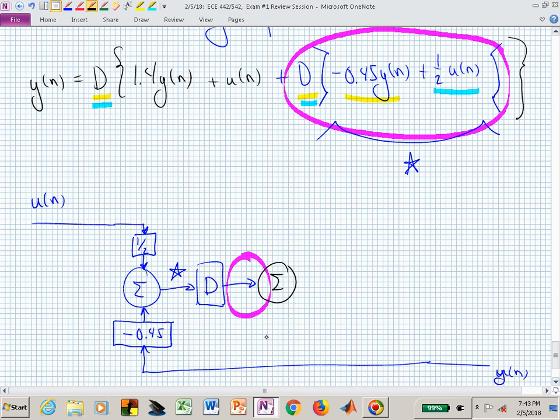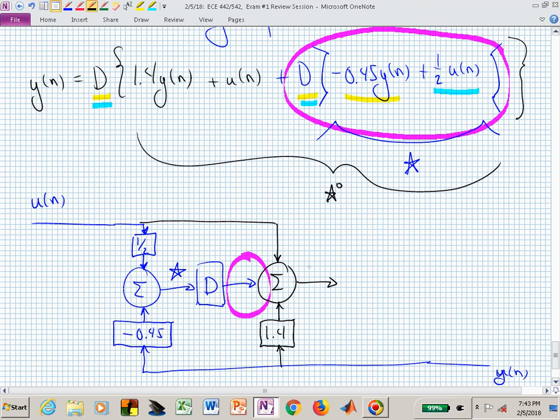And I'm going to take 1.4 times y of n and combine that with u of n. And that's now right here, which is that mess. What do I want to say that is? Star with a 0.